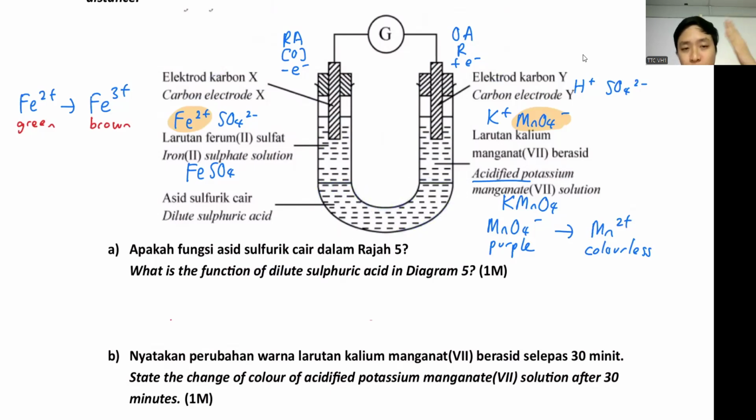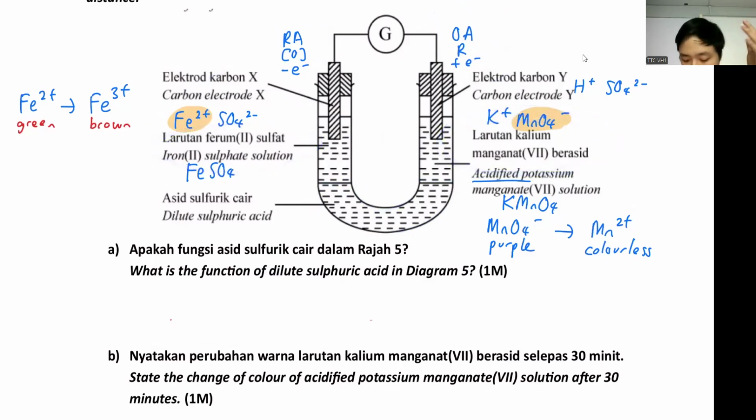One of them, you can say, is to separate the oxidizing agent and reducing agent, untuk memisahkan agen pengoksidan dan agen penurunan. You don't just say OA and RA. If you want to say that sentence, you say untuk mengasingkan the whole name and the whole name.